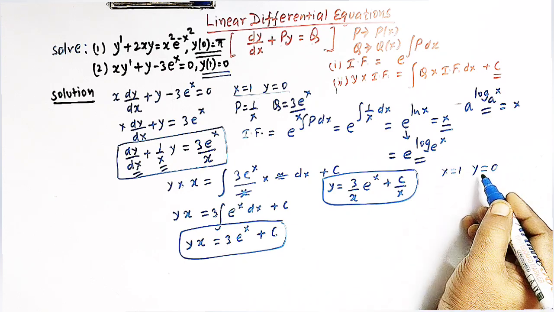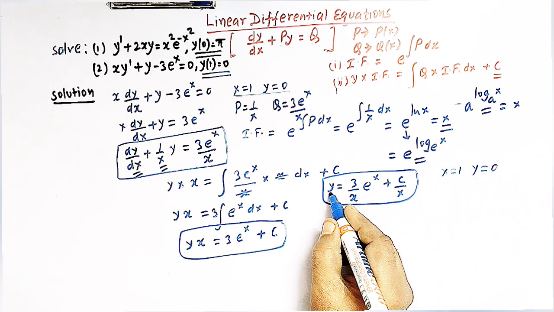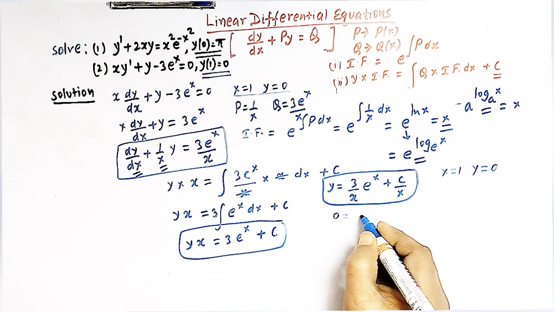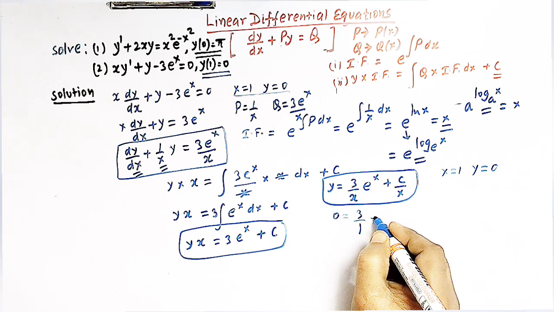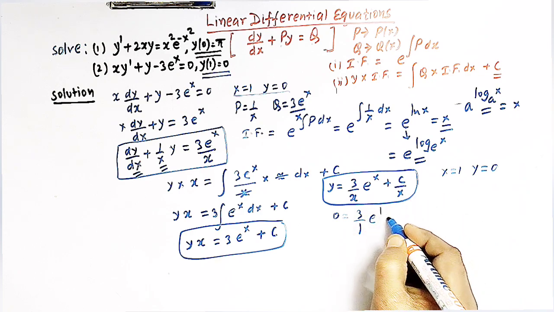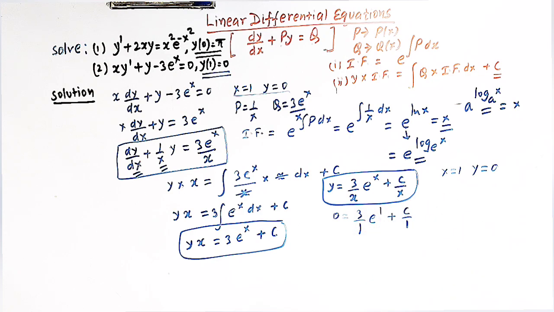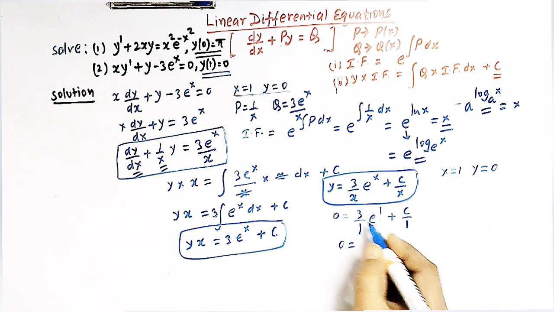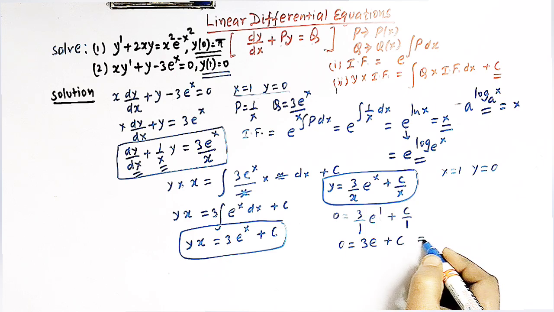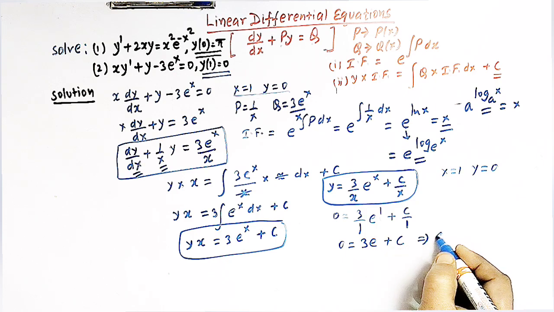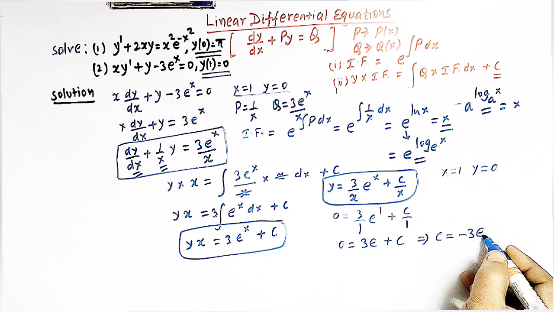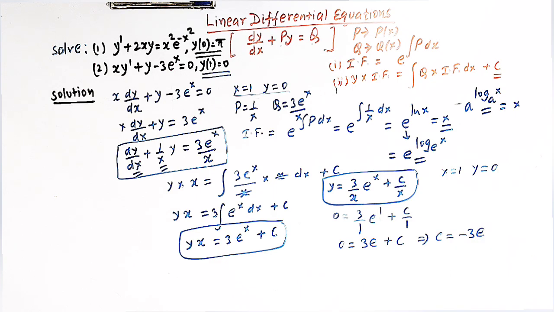Substituting x is equal to 1 and y is equal to 0 in this equation, we have y is 0. Then we have 3 over 1 e raised to 1, right? And then we have c over 1. So we have 0, and this is simply 3 times e plus c, and the value of c is given by minus 3 times the exponential number e, right?